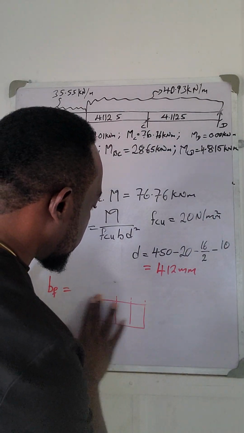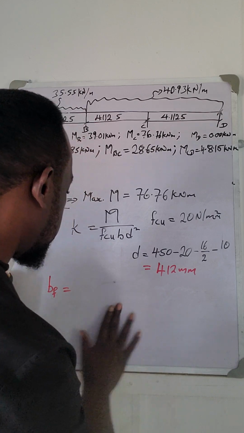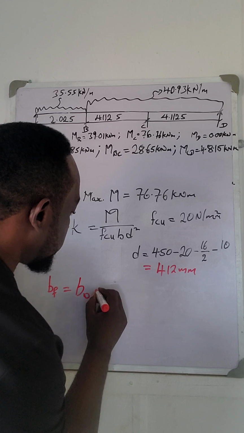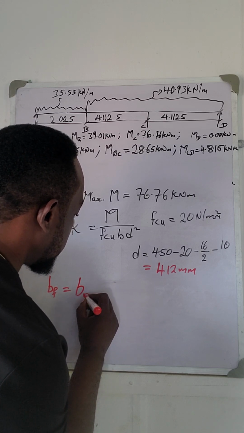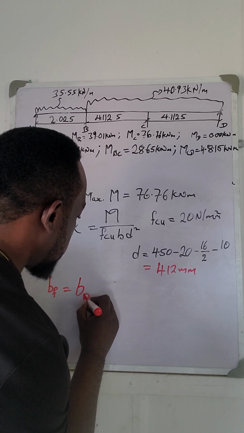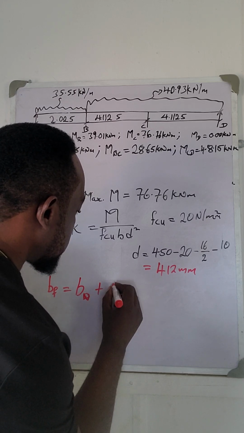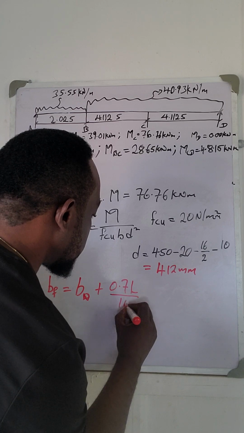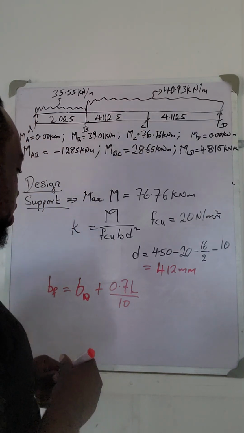the formula of flange width is equal to BW, the web width, plus 0.7 span over 10 for an L-shaped beam.